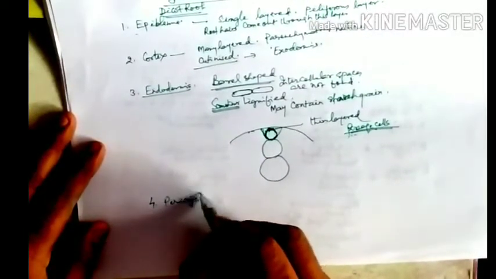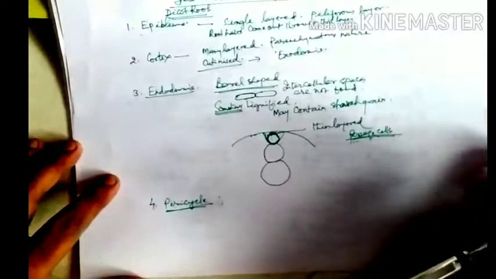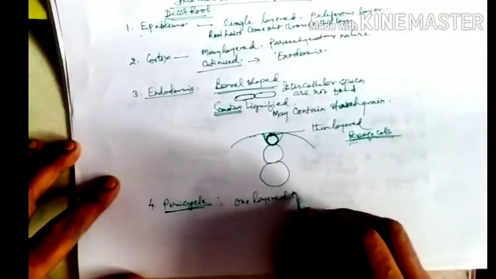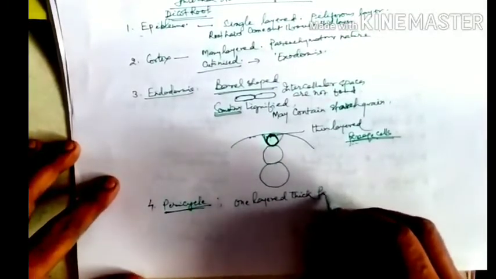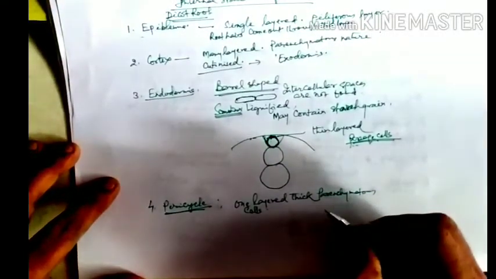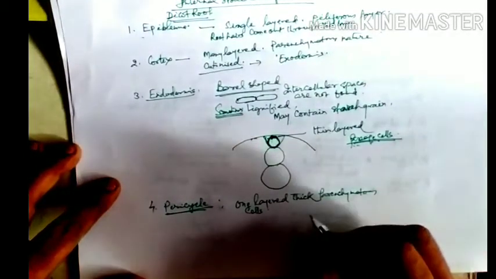The next is the pericycle. The pericycle is one layered thick parenchymatous cells, and its cells are thin layered.